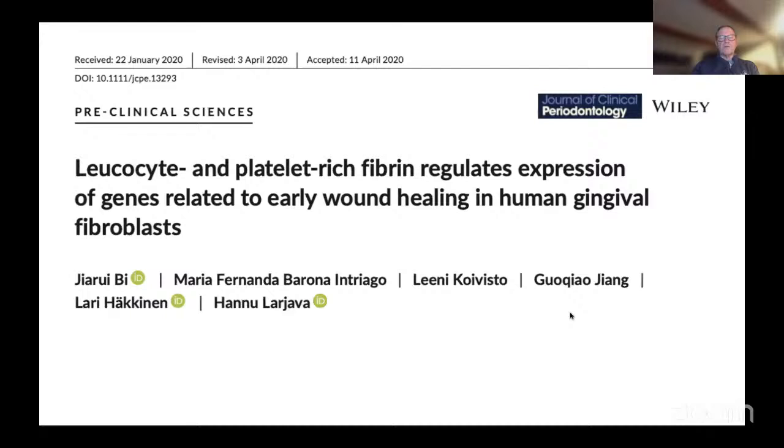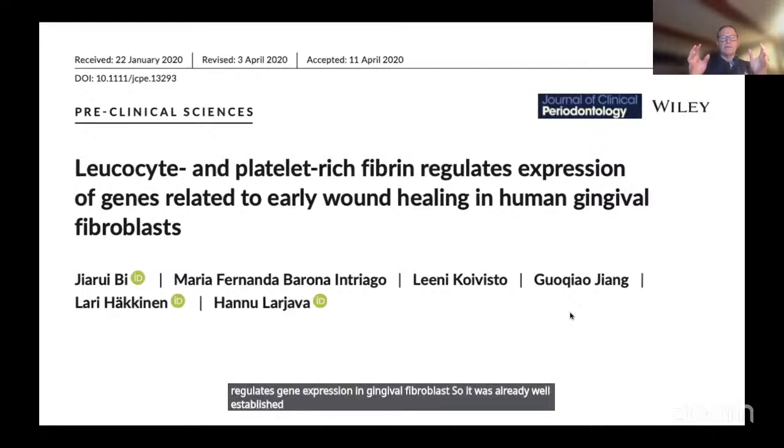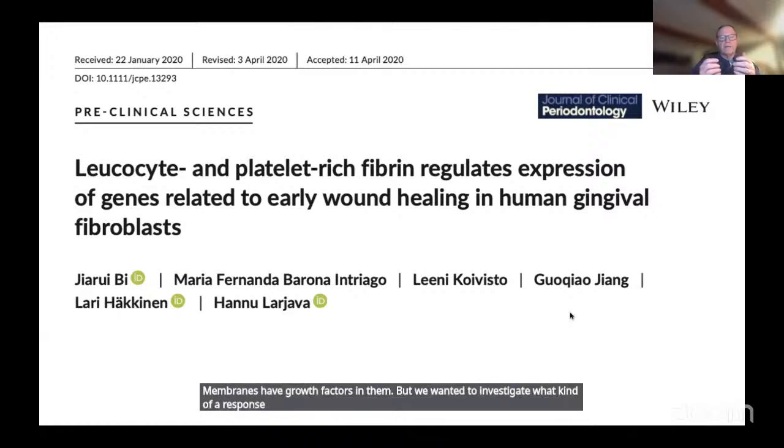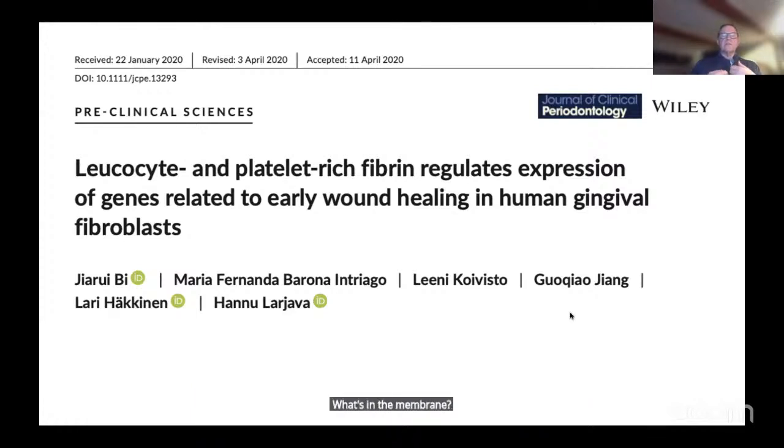So it was already well established that these membranes have growth factors in them, but we wanted to investigate what kind of response the gingival fibroblasts will show when they face a number of different growth factors and cytokines coming from these membranes at the same time. So we wanted to see the response rather than what's in the membrane. We wanted to see what the fibroblasts will do in response to these membranes.